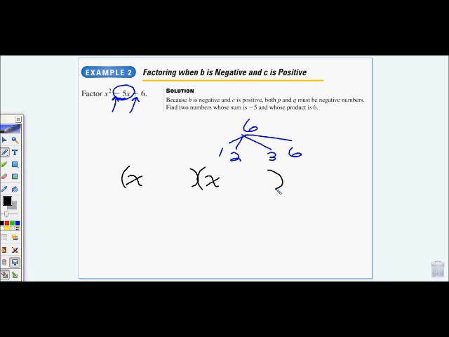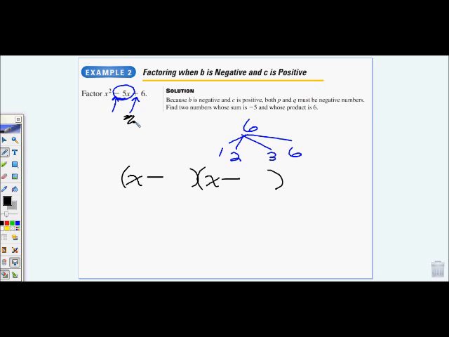I cannot get a negative in the middle if I'm not using the negative symbols. So the same symbol has to be in each parentheses to give me my positive at the end, but I cannot get a sum with a positive 6 and a negative 1, and then still get the product of a positive 6 at the end.